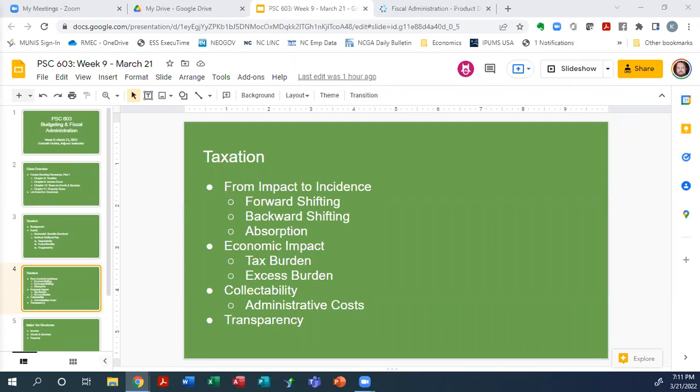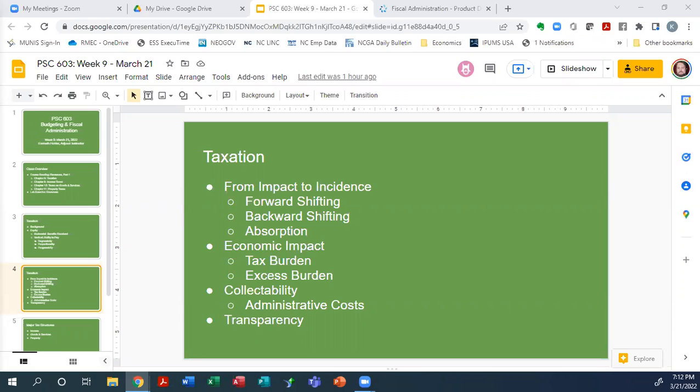So when we look at excess burden, and I'll go back to the example from before, and I pulled this from page 386, second sentence, there are the tax burden, which is the payment. The tax burden is basically whatever it costs you to pay the tax.